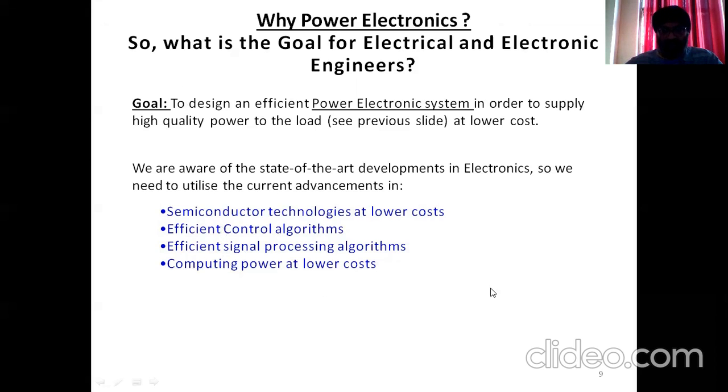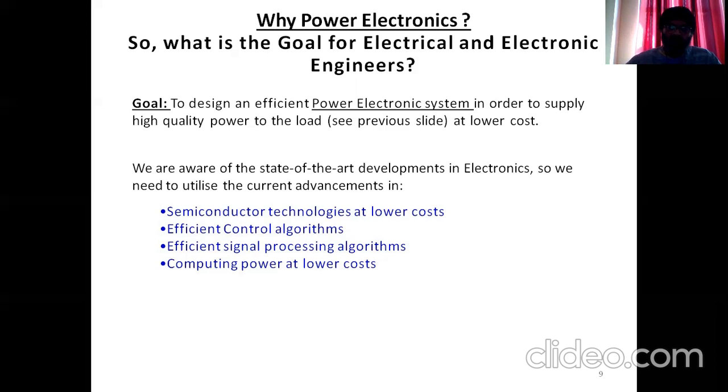And the last one is computing power at lower cost. So to run these control algorithms and efficient signal processing algorithms, we need a good computing power. If we have a good computing power, then we can easily run these complex algorithms and efficient algorithms at lower cost. And nowadays we already know that this high computing power is already available at lower cost.